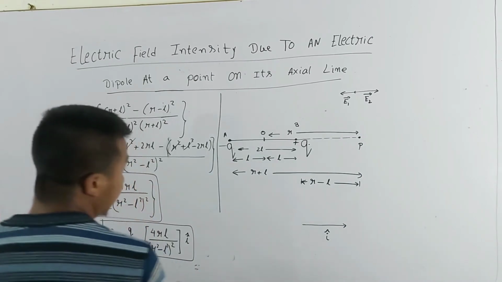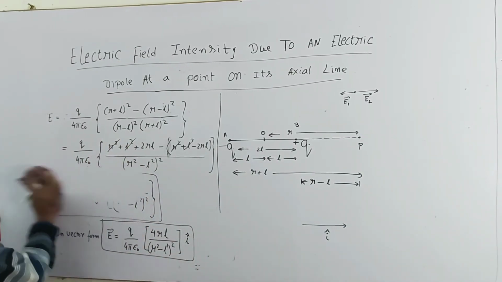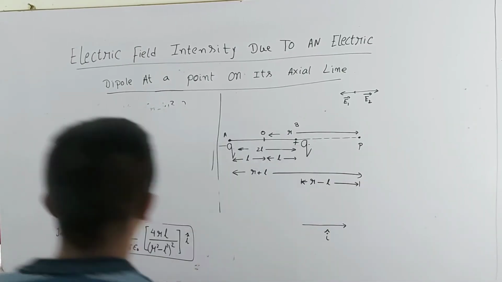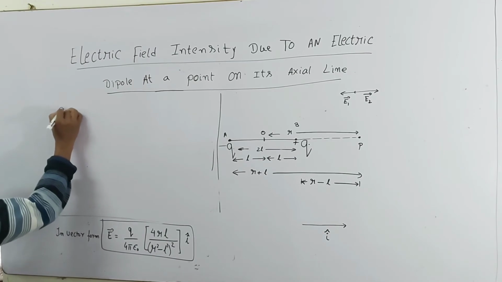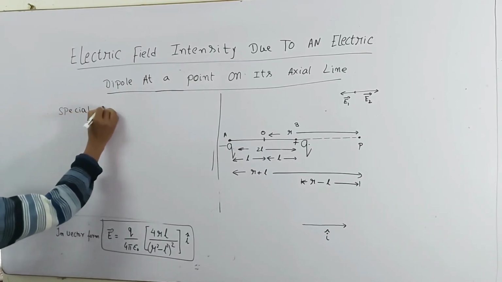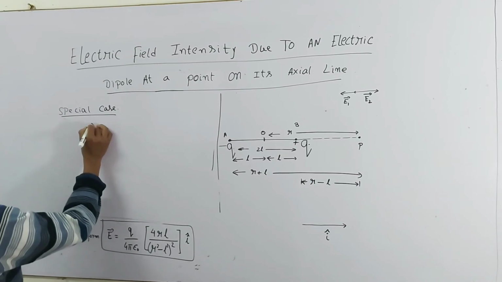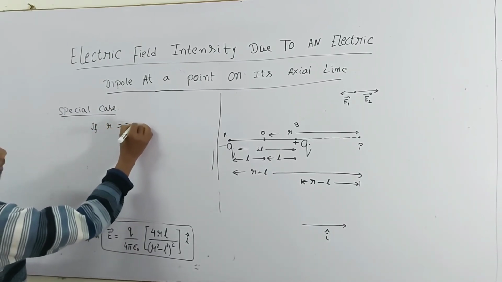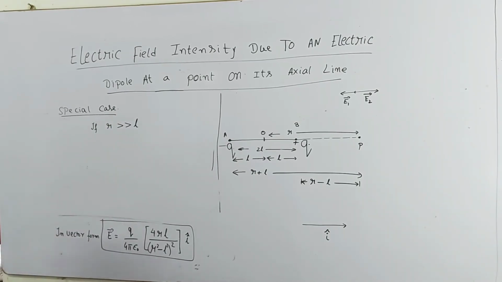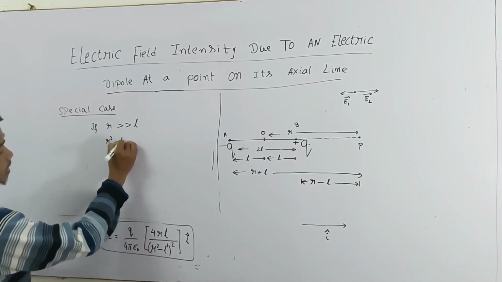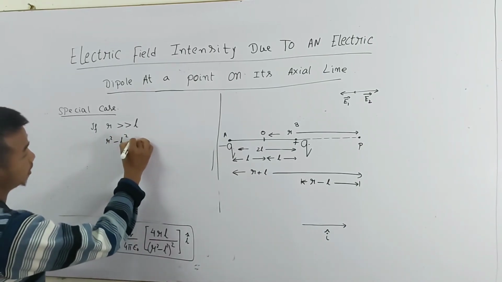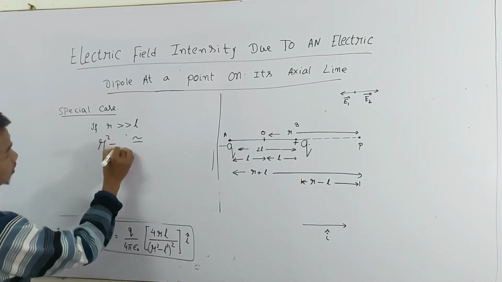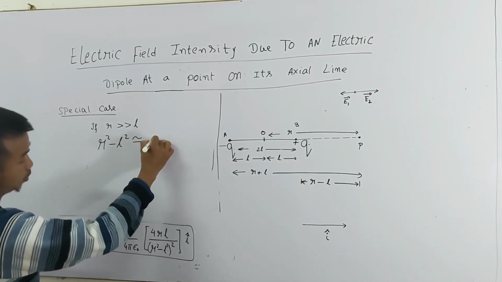So let us discuss a special case. If R is very large in comparison to L, then R square minus L square is approximately equal to R square.